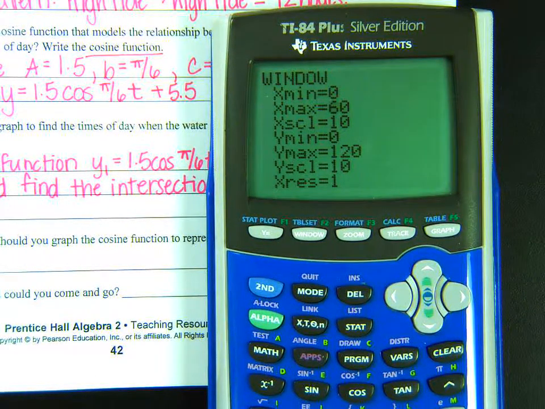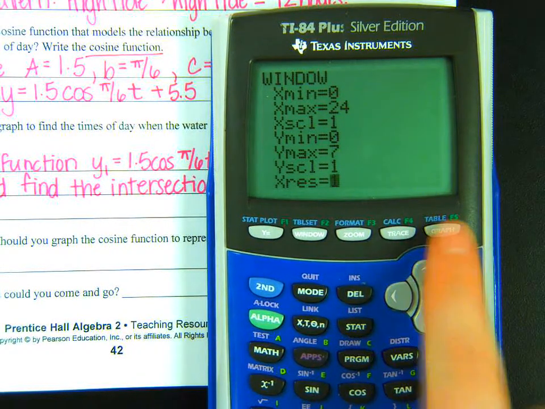I would suggest 24 so we could look for a full day period. So 24 would be max x, and then I would go by ones. My minimum can stay 0. But what is my maximum y value going to be? 7.5. 7, because that's my height. Hit graph.